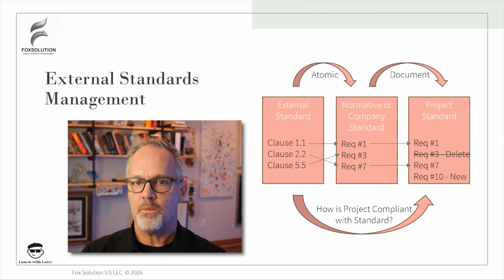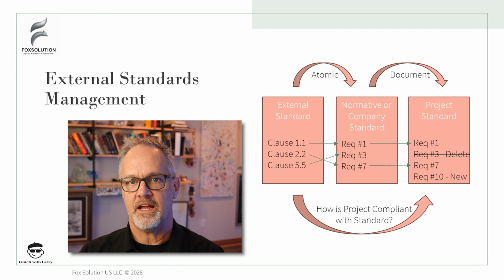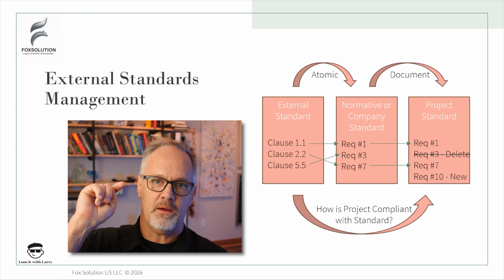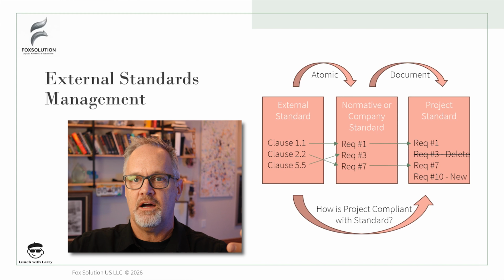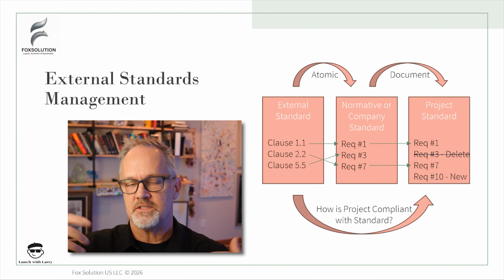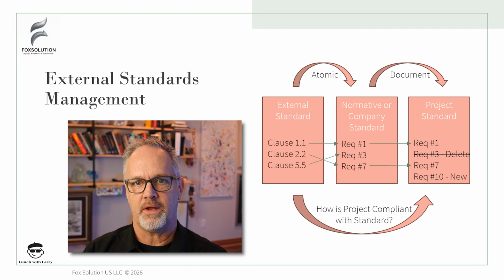So this is how we show that the project, any particular project, is compliant with the external standard, because we have this 3-level traceability back to the standard. And with it carries the test cases and the test results, so that we can actually just run a report, double click, say we want this external standard and that project, and it'll show the compliance of the project to the standard with the evidence that we are compliant, which is great from a regulatory standpoint.